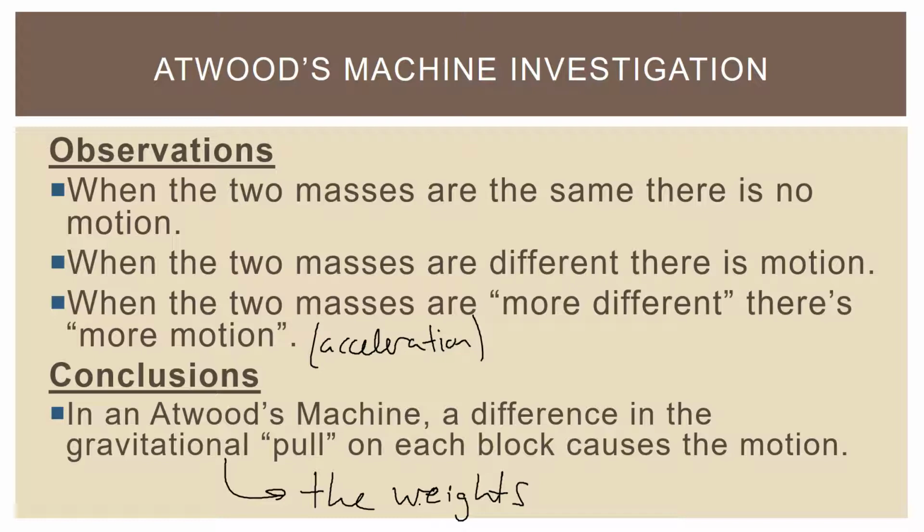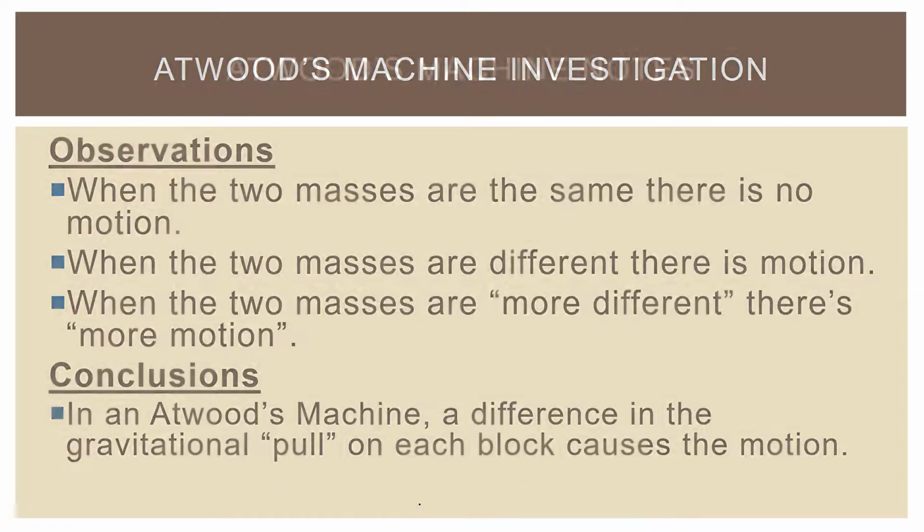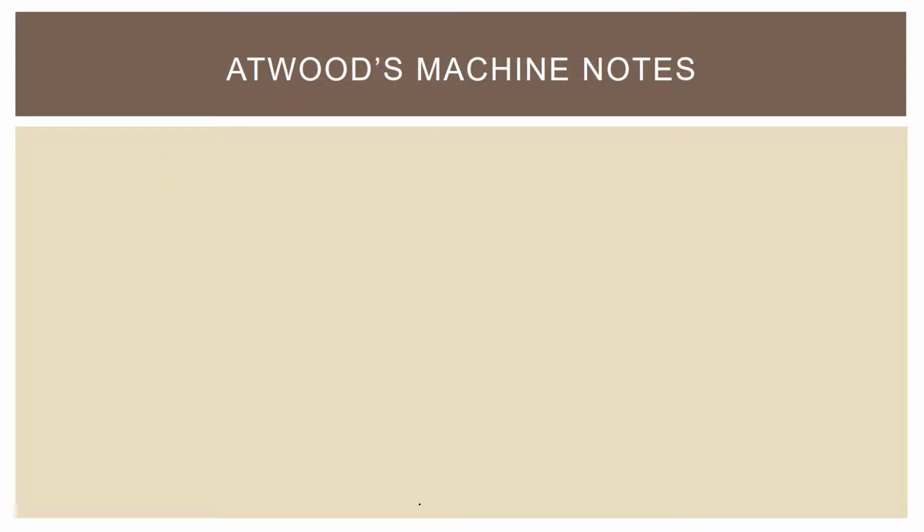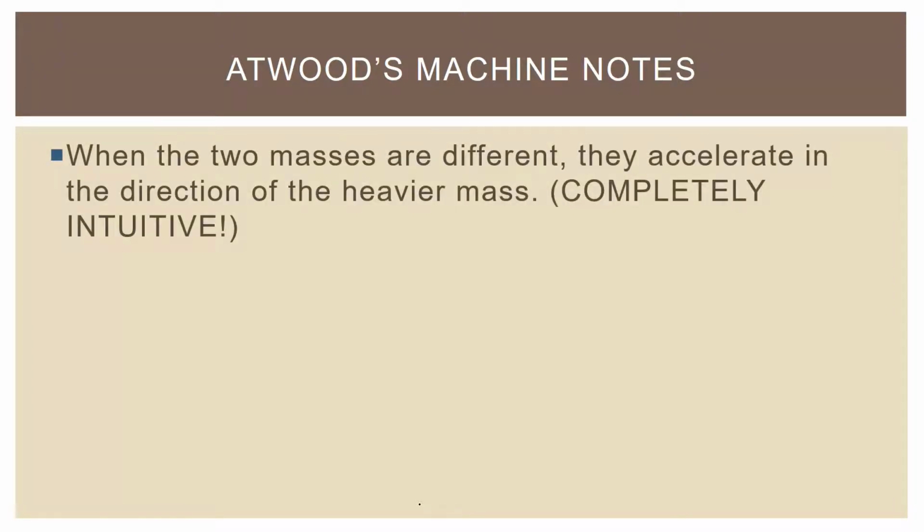Okay, so let's write down a couple of really important notes, which are all going to come back into play once we get into some problem solving. The first note, and we already saw this actually, is that when the two masses are different, they accelerate in the direction of the heavier mass.